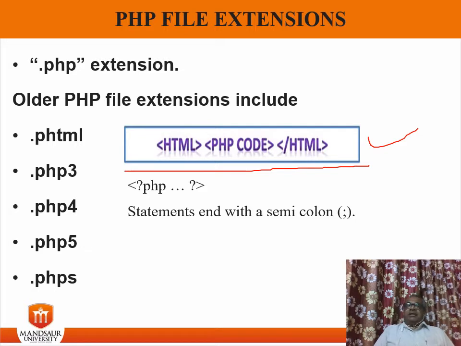PHP is a case sensitive language, in which, for example, if we are using one VAR that is in capital, it is not the same as a VAR in small letters. So it is case sensitive. Whenever we use variables, identifiers, etc., we should pay attention to case sensitivity.